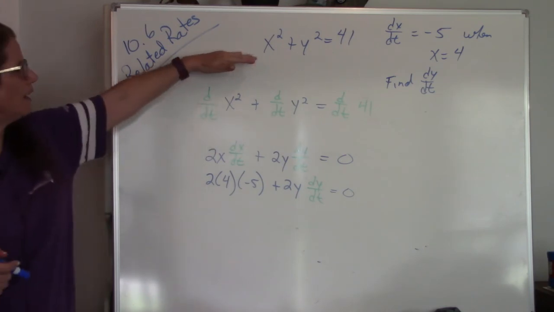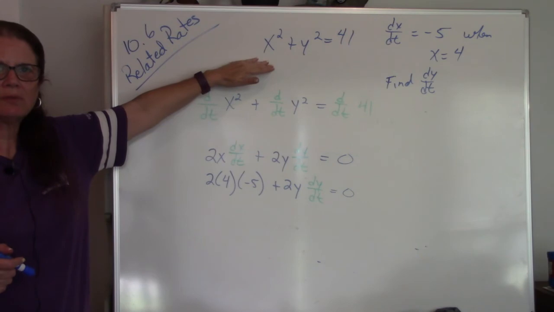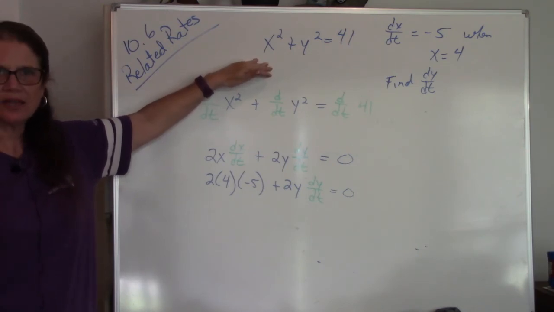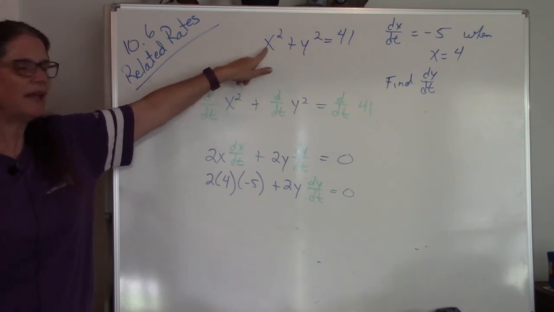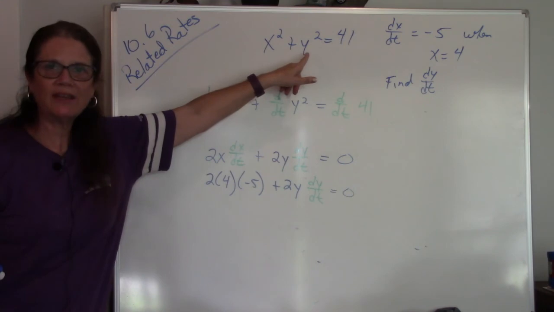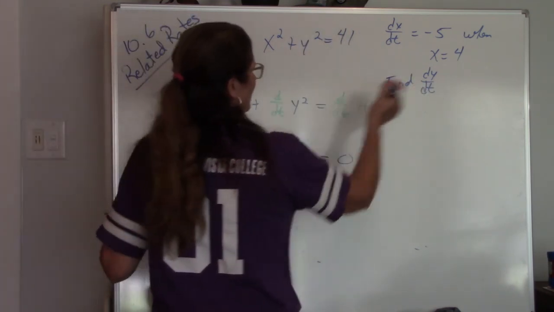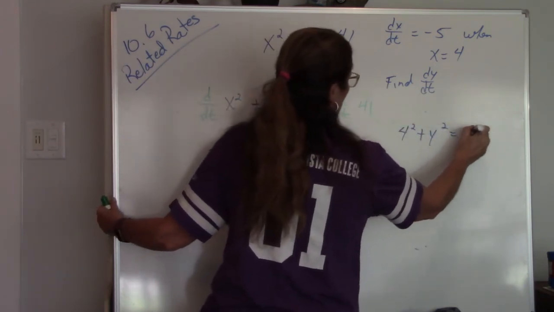If I go back up here, what function does this remind you of? So we talked about that it's the function of a circle. That is true, but it's also the Pythagorean theorem. Well, we know what x is, which means we can find out what y is. So we're going to have to come off to the side here. When x is 4, we're going to be able to figure out what y is.